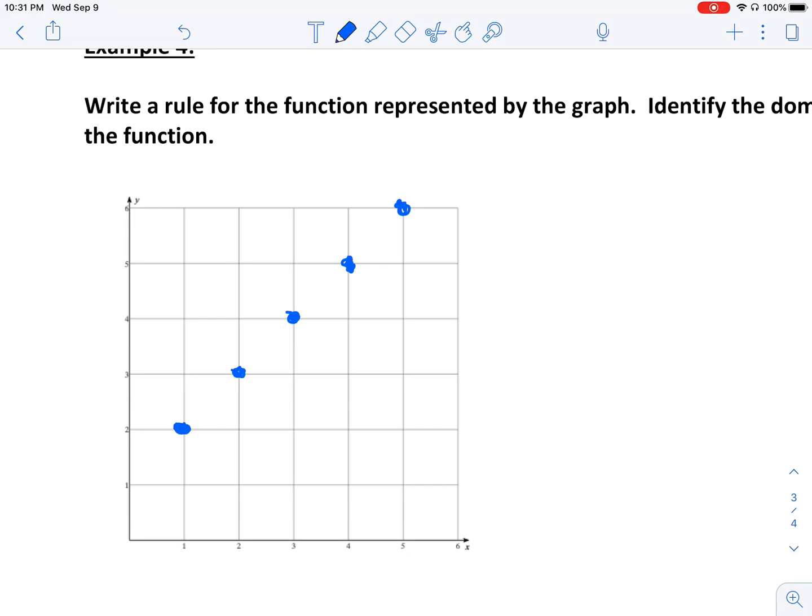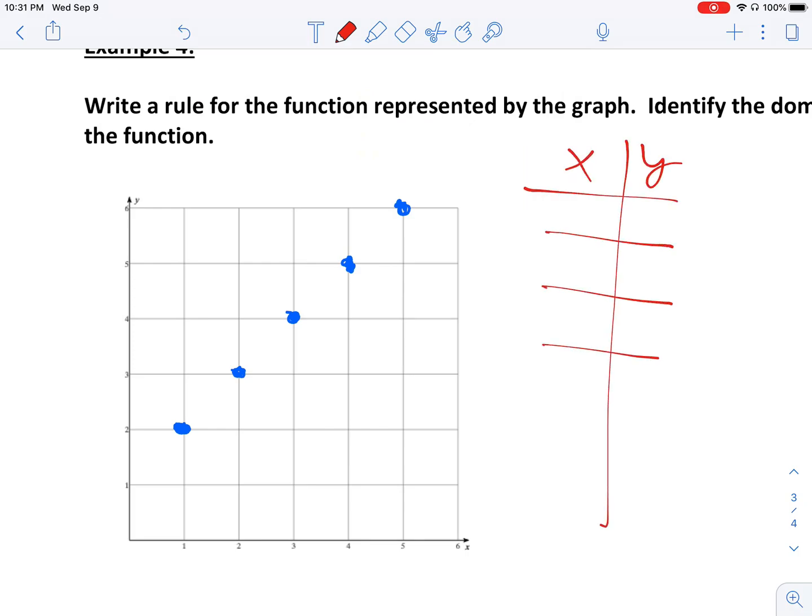So what I would do first is I would make a table. This is going to help me see the pattern here. So your table, your x values are 1, 2, 3, 4, and 5.